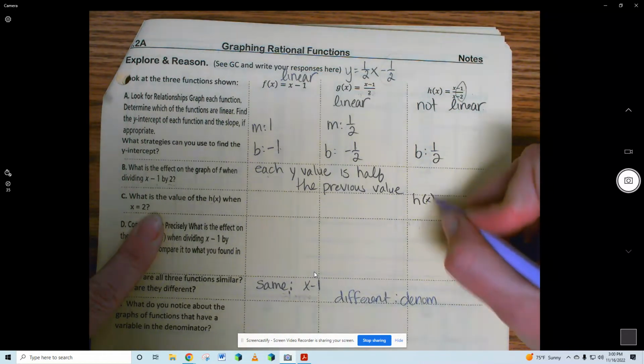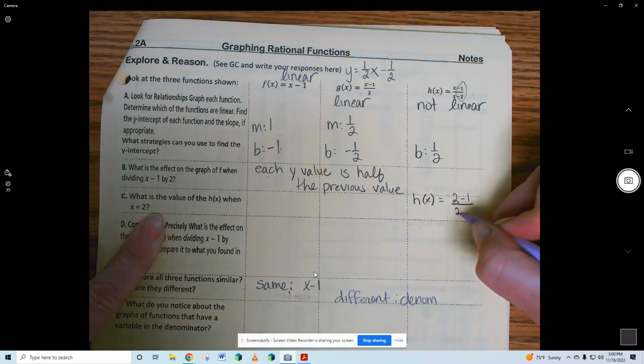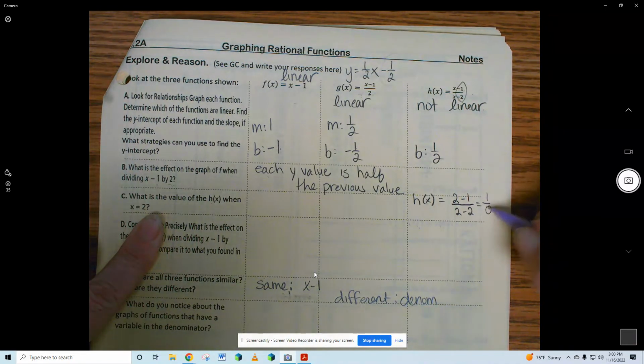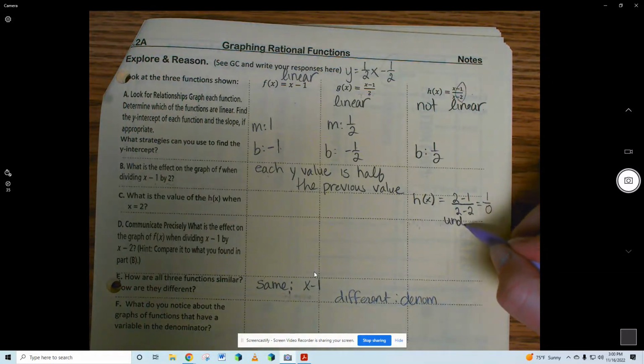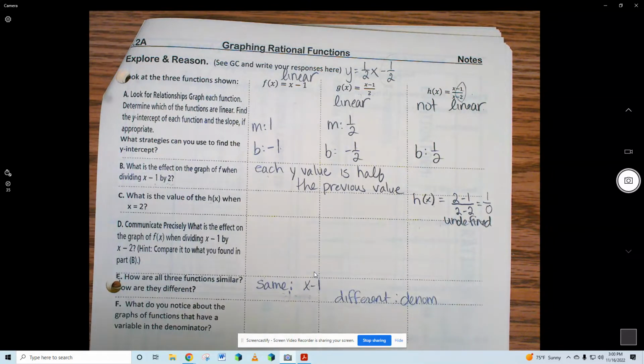So I'm going to plug it in. 2 minus 1 over 2 minus 2. One over 0. Oh, what's that? Undefined. Hey, that might be where my asymptotes are. Oh my gosh. Right? Yeah. Okay.